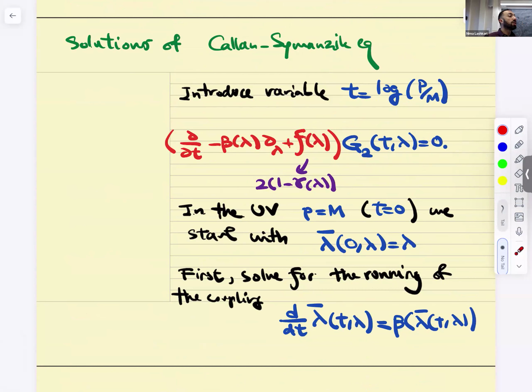I'm just going to say a consequence of it. It's just a characteristic method for solving PDEs. The ansatz we had for the 2-point function was minus i over p squared, some function capital G of p over m.